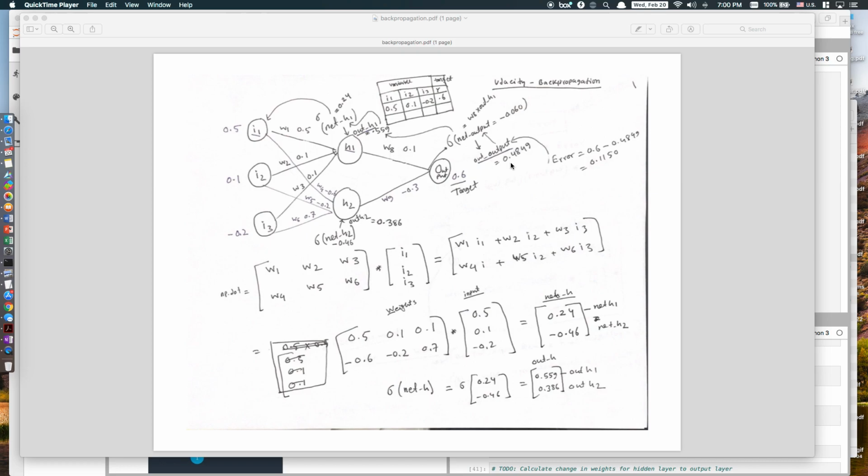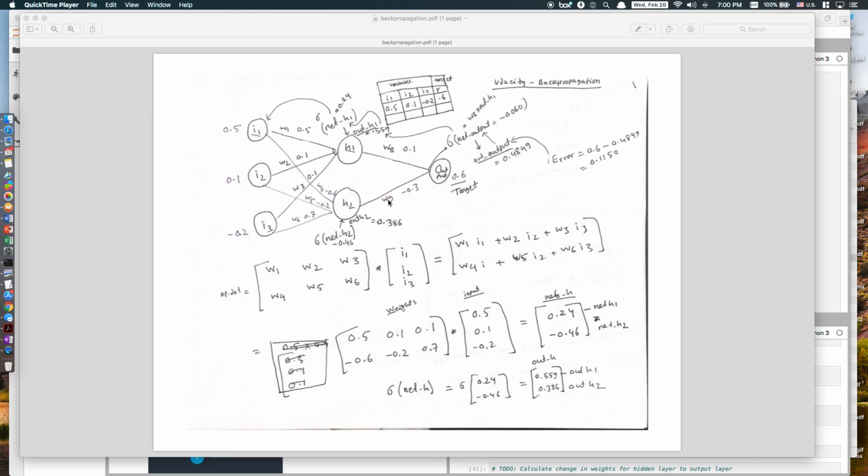We also will multiply this product of error, derivative of output and h1 with the learning rate. How much will be subtracted from w8 is the error, derivative of this, and the input, this value, the output of the hidden layer.